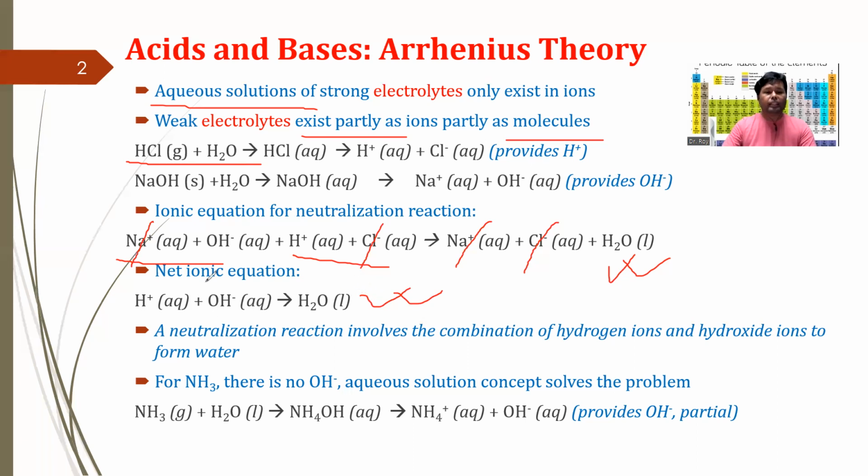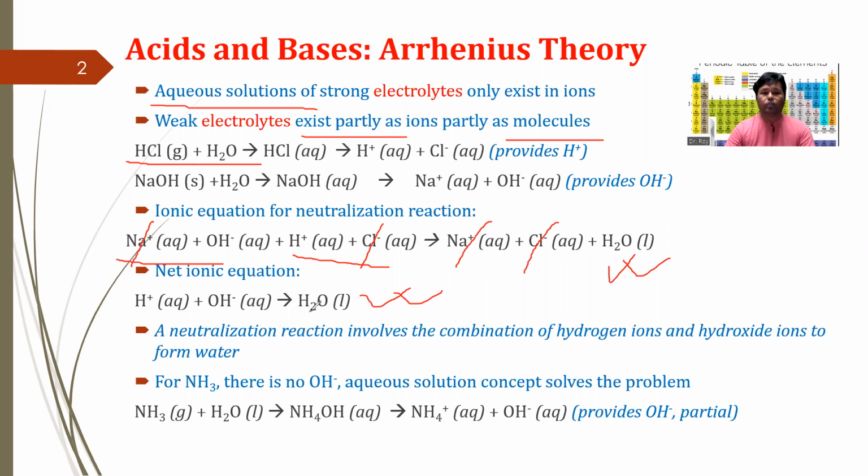The reaction between H plus and OH minus to form liquid water is the result of any neutralization reaction. In other words, we can define neutralization as the formation of one molecule of water by the reaction of acid and alkali or base.